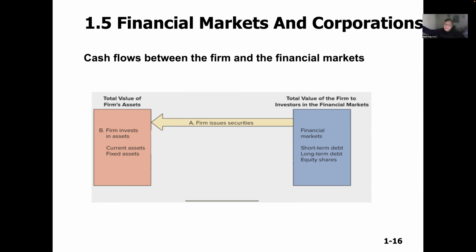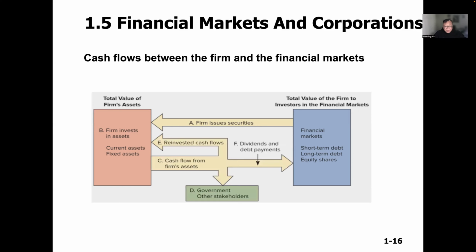And sometimes they have further projects. They need more cash to invest. So they're going to reinvest the money back to the business, right? And other times, they could pay back the creditor. They pay the interest to the creditor, and they pay dividend to the investors in the financial market.